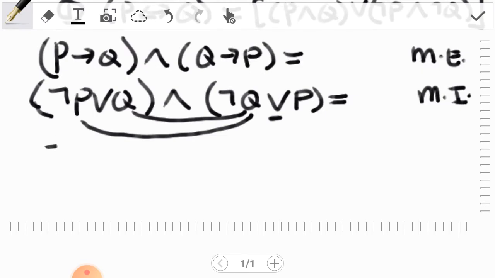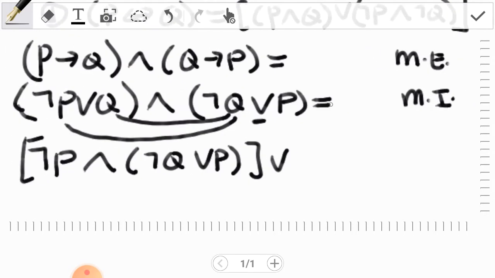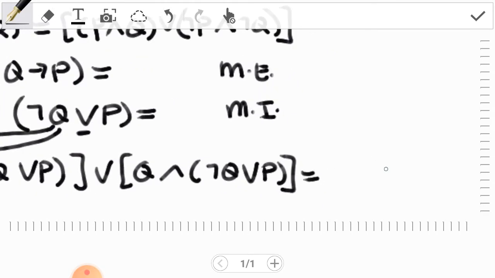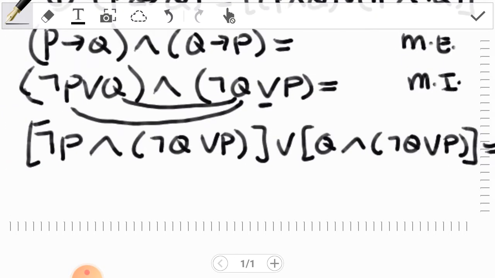And if we will now do that, we now get not P, okay, and we use this, not Q or P, okay, or distributing now Q, we get Q and not Q or P, which should now be equal to the right side, and this is now using our distributivity rule.